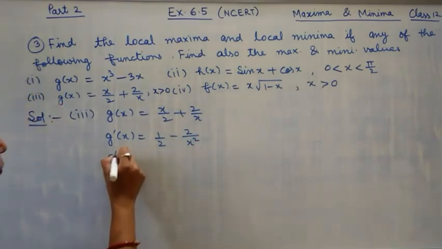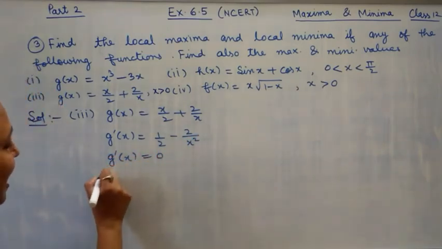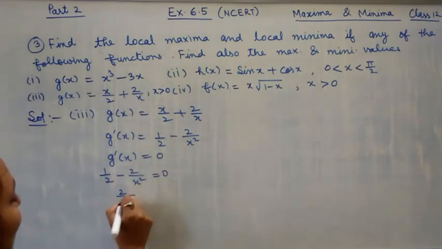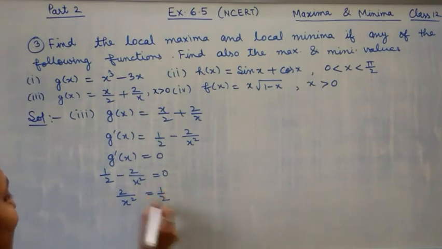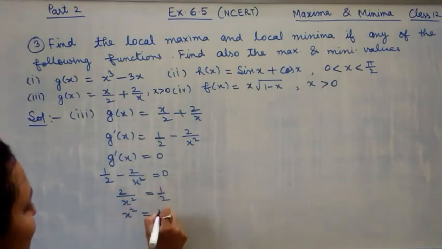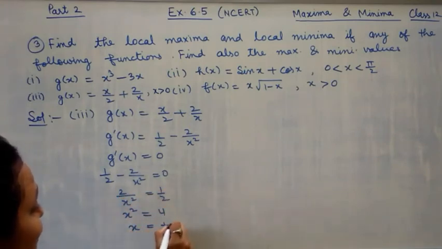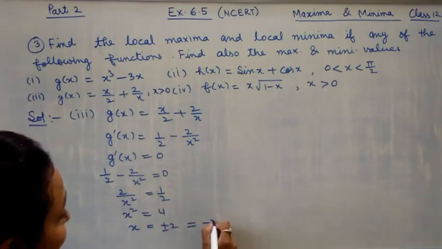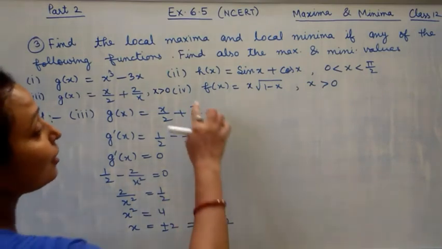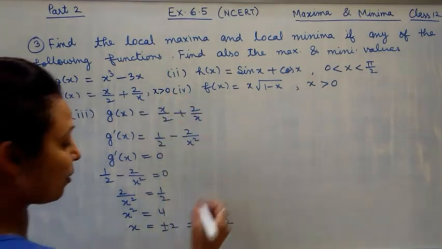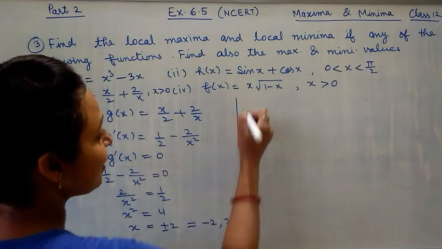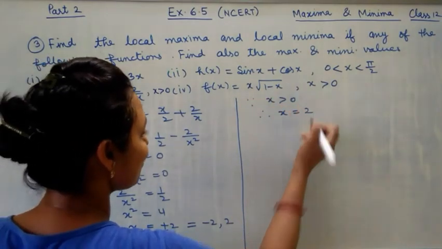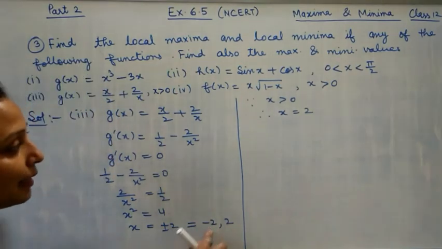I will use the critical value points: half minus 2 upon x square is equal to 0. Then 2 upon x square is equal to half. Take the cross multiplication: x square is equal to 4 and x is plus minus 2. That means x is equal to minus 2 and 2. But x should be positive because x is greater than 0, therefore x is equal to only 2. You will reject minus 2.